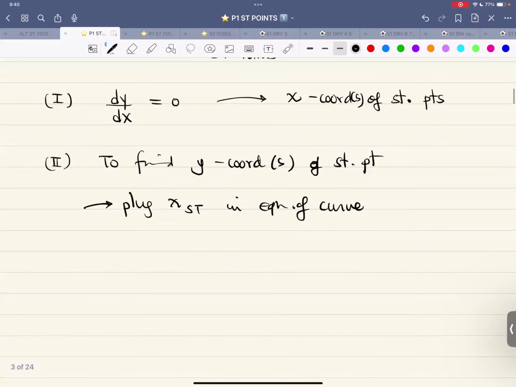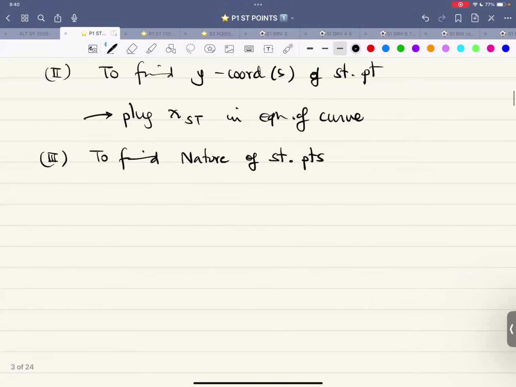Very simple. The third one is to find the nature of stationary points. What do we do? We plug the x coordinate of the stationary point into the second derivative.